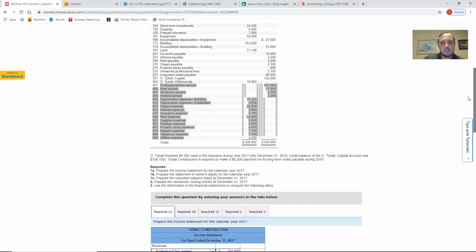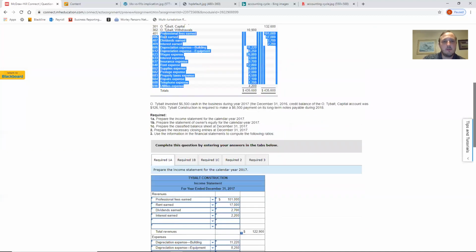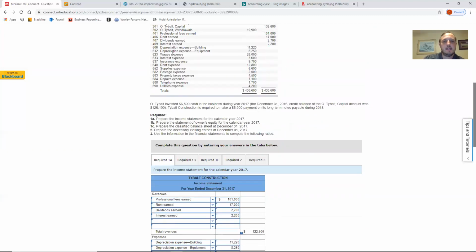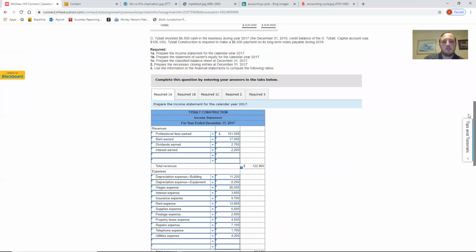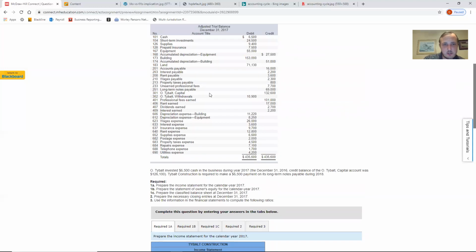So on the income statement, the income part, we're going to want all of our revenue and our expenses. And that's how we're going to list these out. So we first list all of our revenue. Like I said, everything's in order here. So we're starting right here, account 401, all the way down to the end of the revenue.